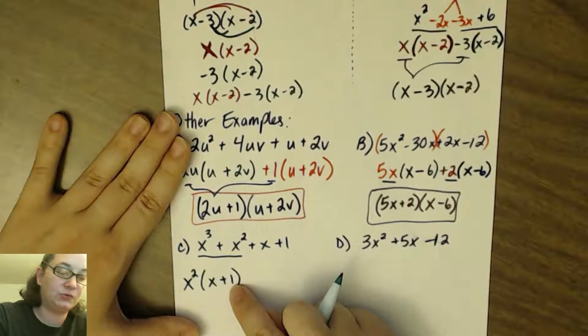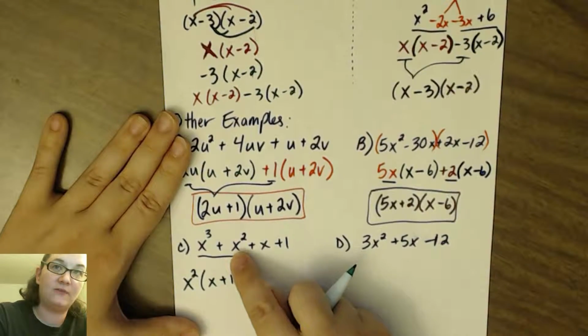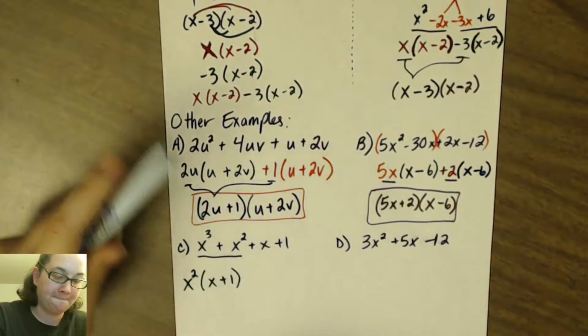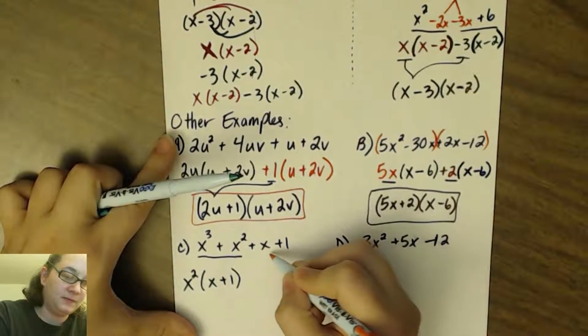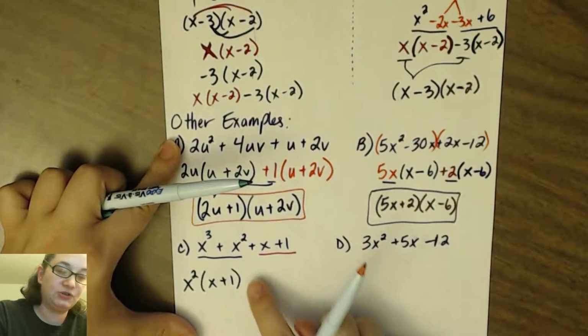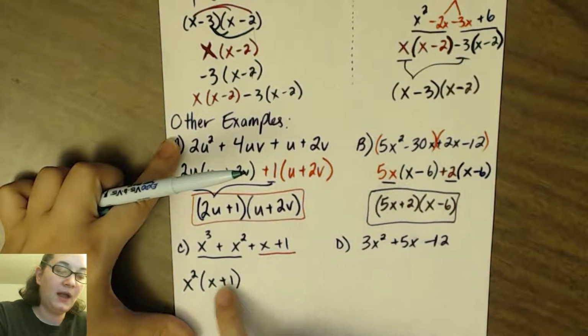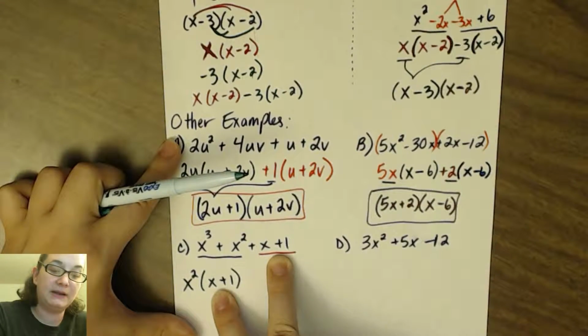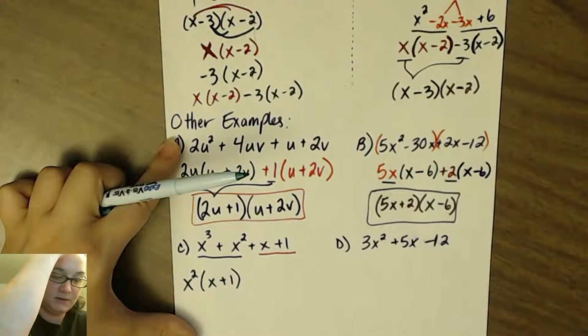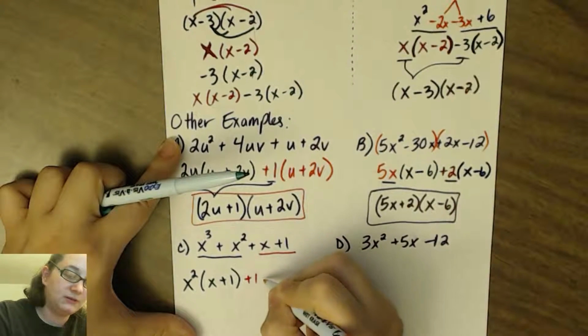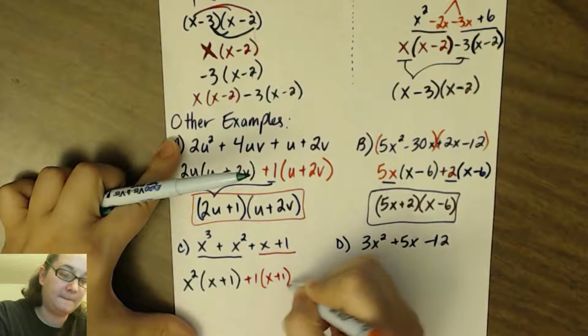So I need that placeholder here to represent that I should have one of those in there. Then, just like on the first problem, I already have an x plus 1, but I need a placeholder, so I have to say plus 1 times x plus 1.